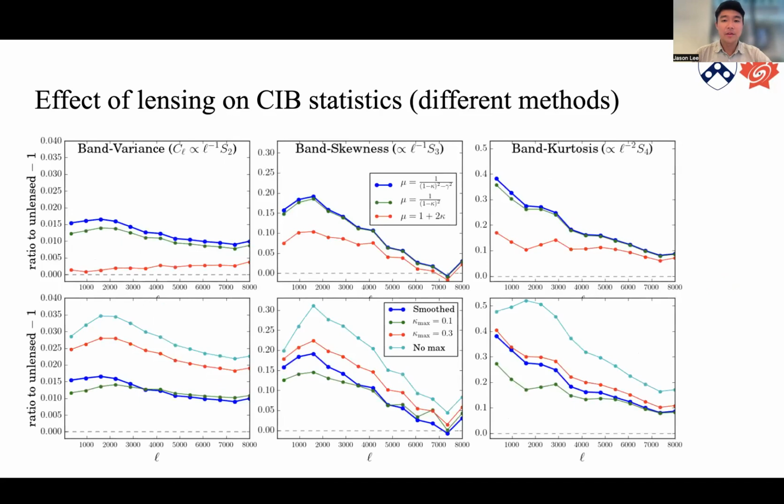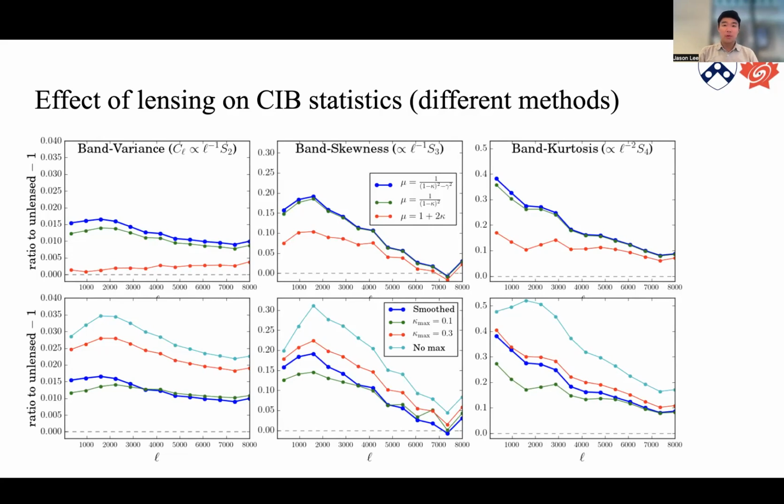And here's what happens if we do the lensing in different ways. On the top panel is when we change the magnification factor. And you can see that in the blue bold, when we use the proper magnification, the results are pretty different from when we use the approximate magnification factor of 1 plus 2 kappa, shown in red. Also, on the bottom, you can see what happens depending on how we treat our kappa maps.